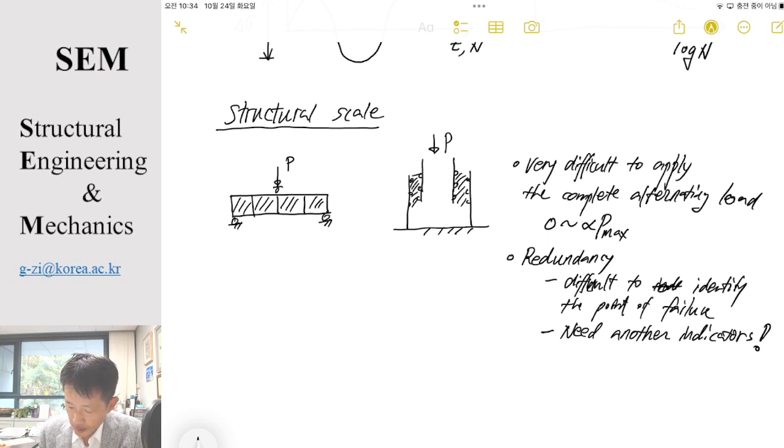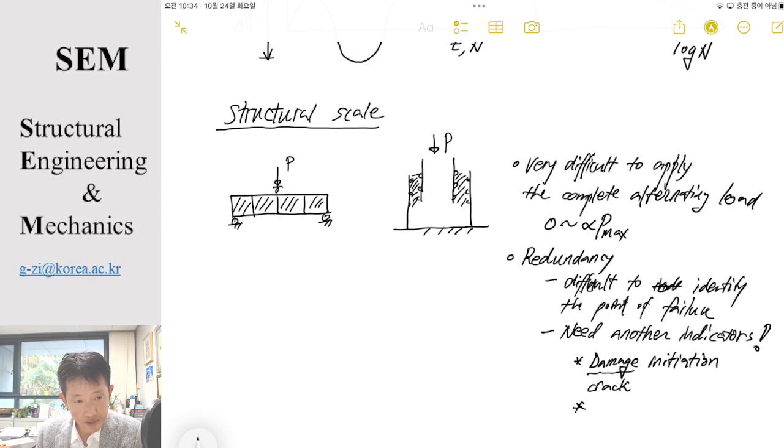So for example, here what you can do is we can stop the fatigue test if you have any damage initiation, sorry. So instead of damage, you can consider crack, okay? Or in the case of structural scales, if you have only a single crack, you cannot say that the structure is completely failed.